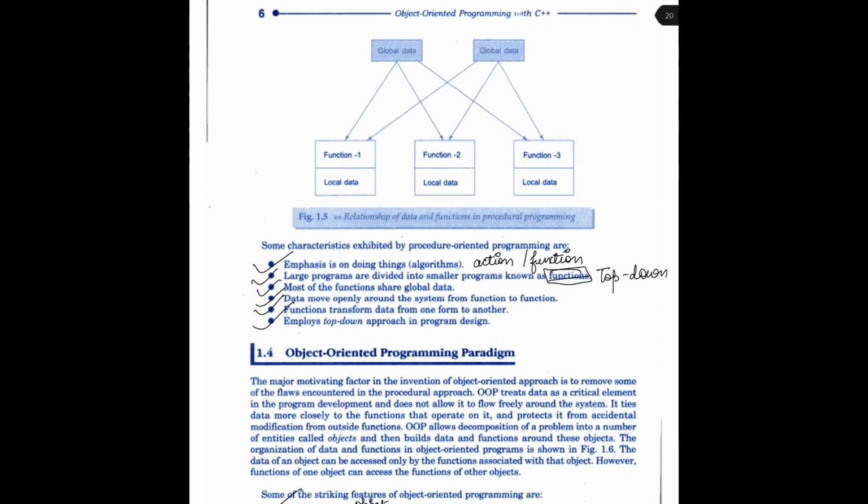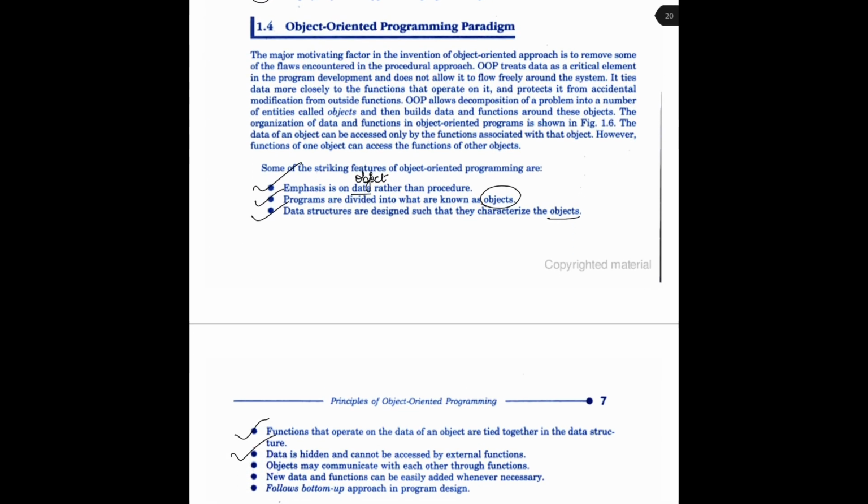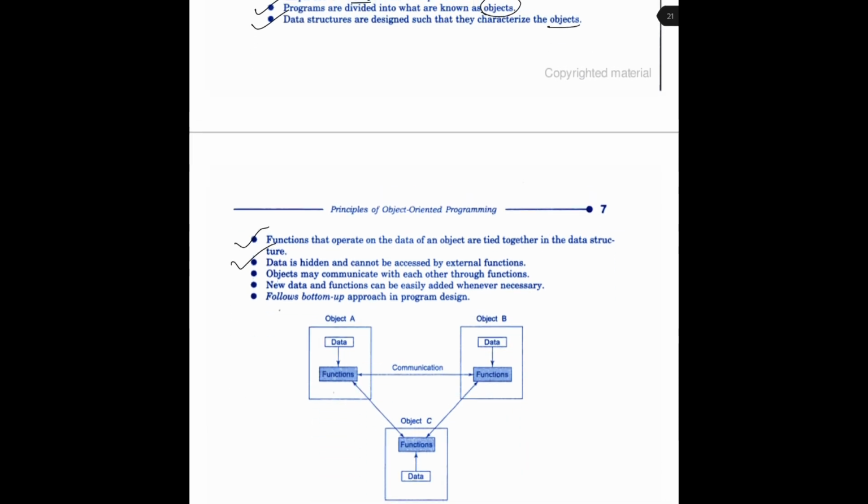In object-oriented programming, the communication is between two objects rather than two functions. So that is why the data is hidden, which is also called data hiding, data abstraction and encapsulation in terms of object-oriented programming. Again, we will learn about it in detail in further videos. So this is again a striking feature of object-oriented programming.